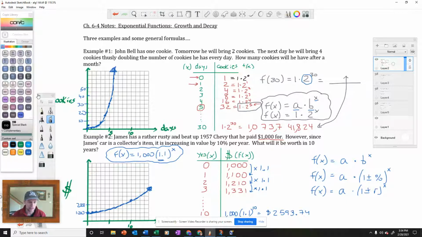The other thing I wanted to mention was I said that the larger the growth factor, the bigger your B is, the more steep it is. That's true when your scales are the same. However, for example, you could change this scale right here to be like a billion, right? You could put a billion here and decide, I'm going to count by a billion. And then your graph would look like this.